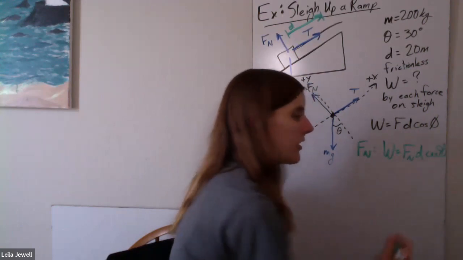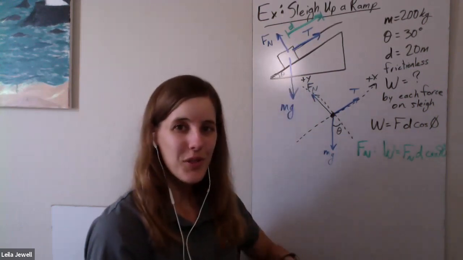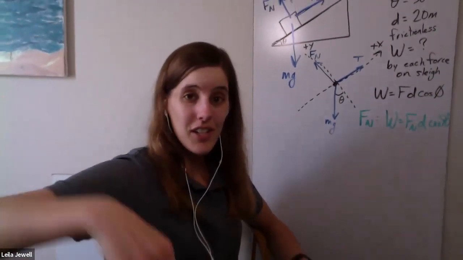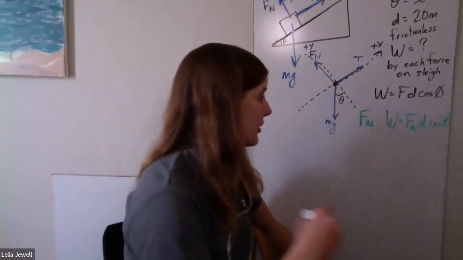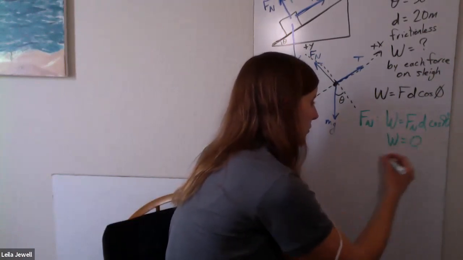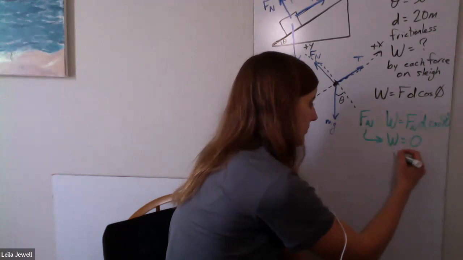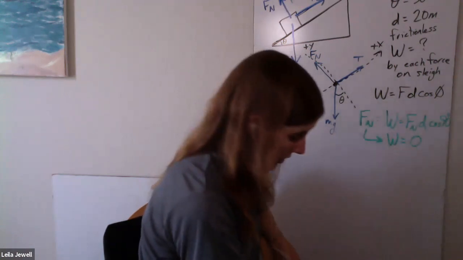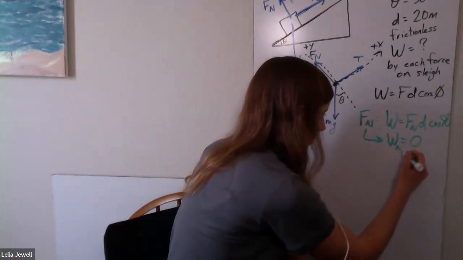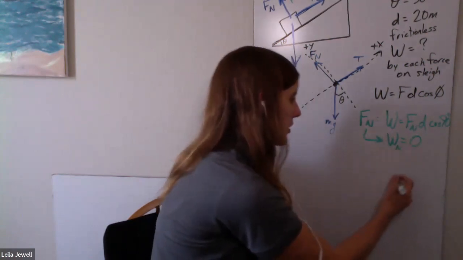What's cosine of 90 degrees? Cosine of 90 degrees is just 0. So this whole expression for work is 0 for the normal force. You could write this as work sub Fn, say, or work sub n. This is not net work, it's work done by the normal force.